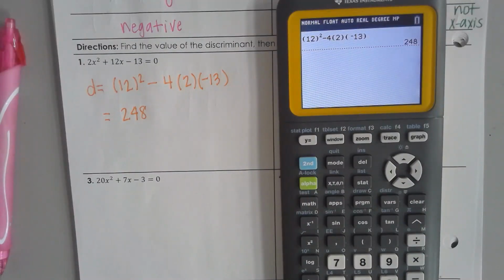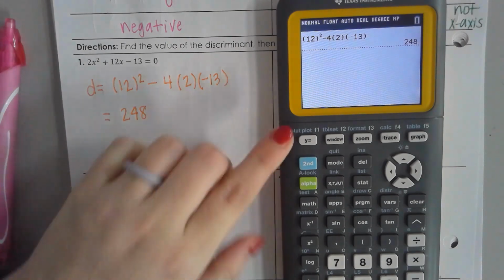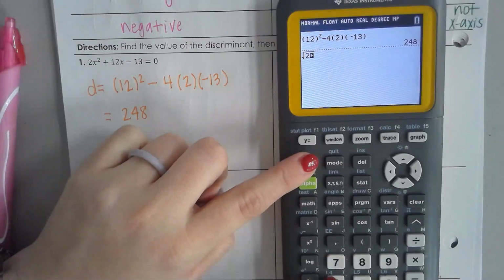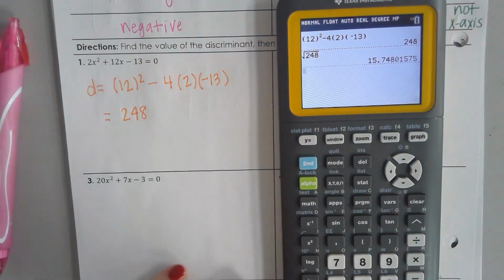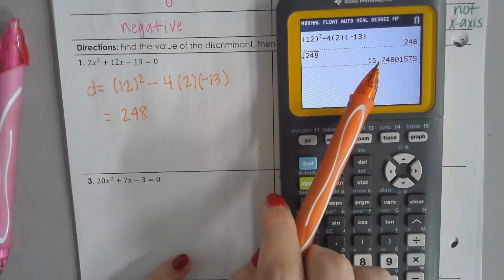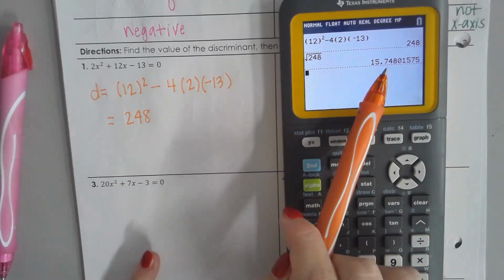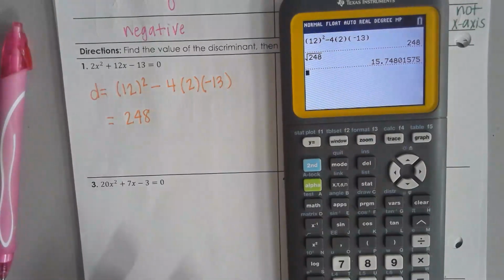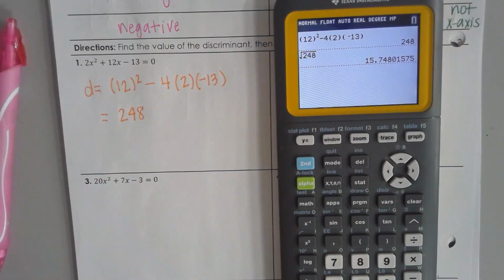I got 248. If you get a bigger number and you're not sure if it's a perfect square, take the square root of that number and see if you get a whole number. Since I got a decimal, that means that 248 is not a perfect square.